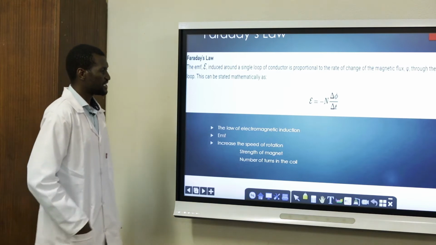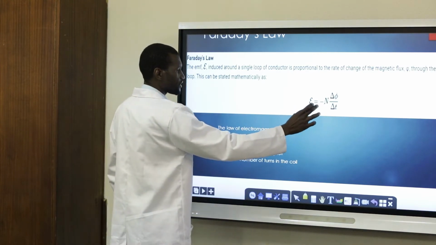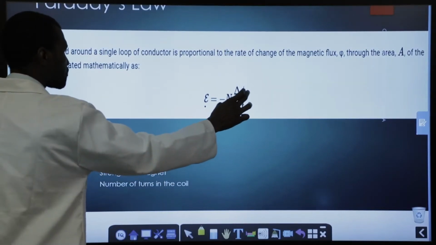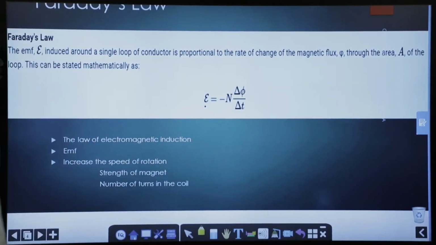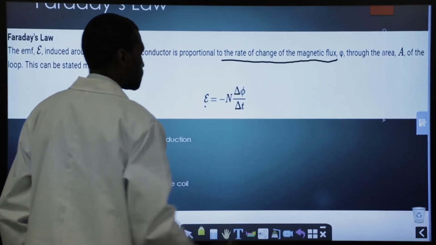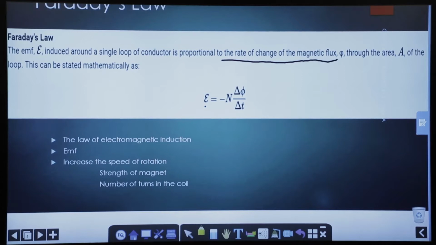This can be stated as EMF is equal to minus the number of turns multiplied by the change in flux divided by the change in time, which basically is the rate of change of magnetic flux. This is the law of electromagnetic induction, where the EMF induced in a single loop is proportional to the rate of change of magnetic flux through area A of the loop.